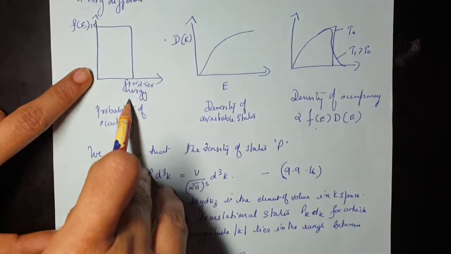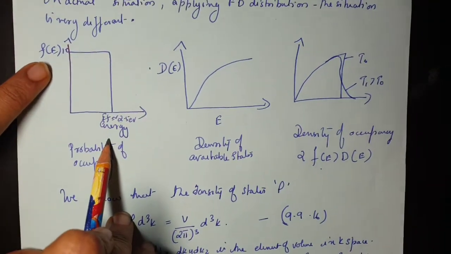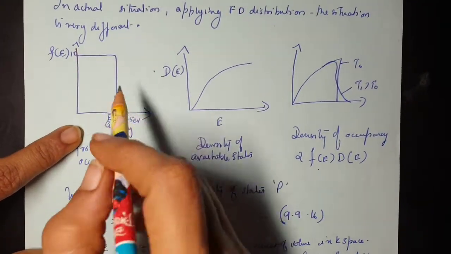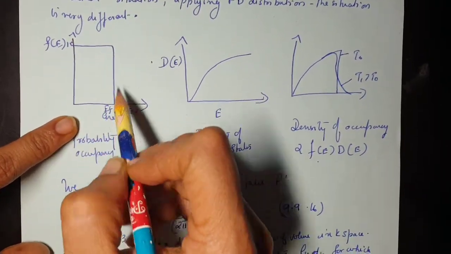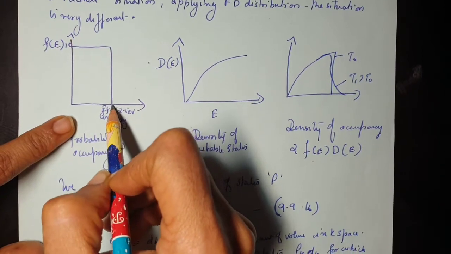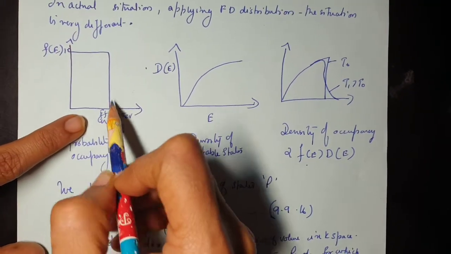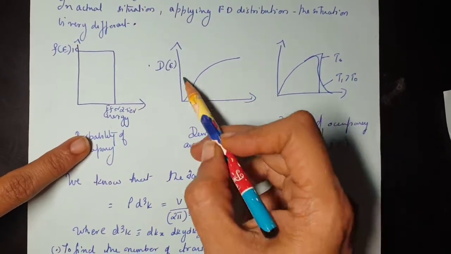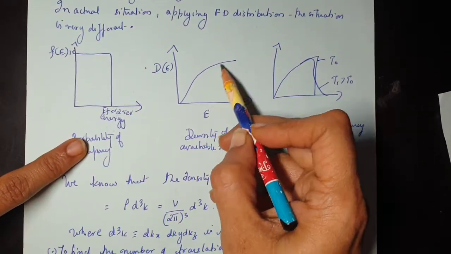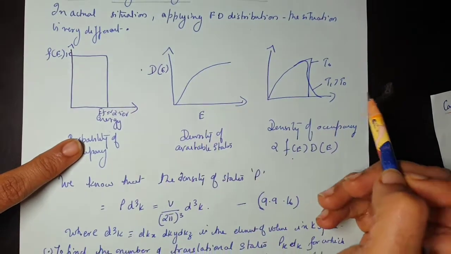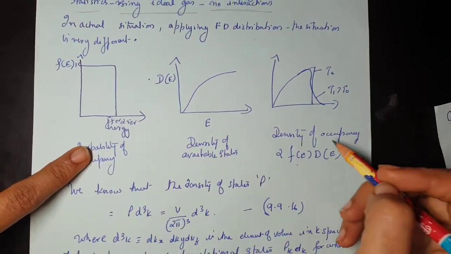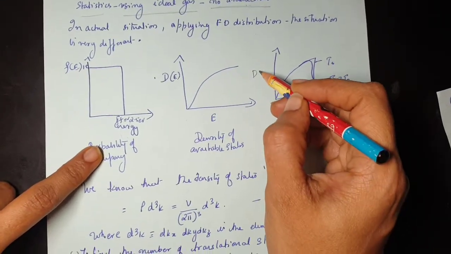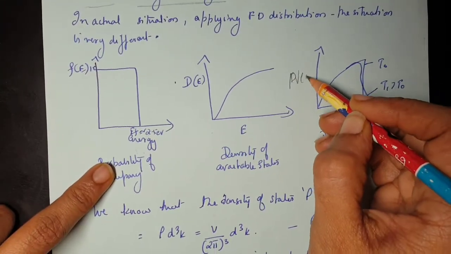We have the Fermi function on the y-axis and energy on the x-axis, and at temperature T equal to 0, the Fermi function falls down at EF, the Fermi energy. And the density of states can be plotted in this manner. This plot is against the density of occupancy, or N(E).